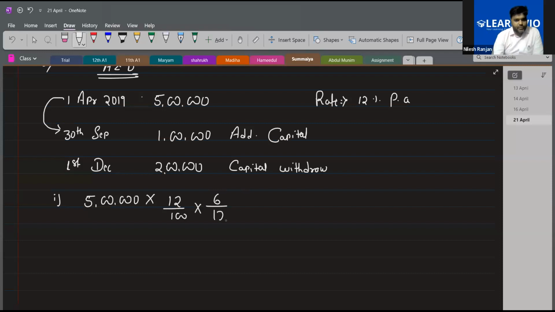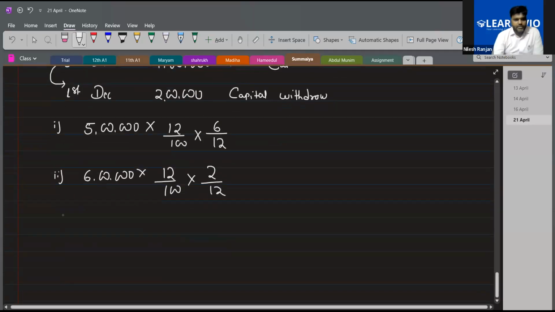So 6 by 12. Then in the second case, it is 6 lakh now into 12 by 100 into, from this point to 30th September, 2 by 12.